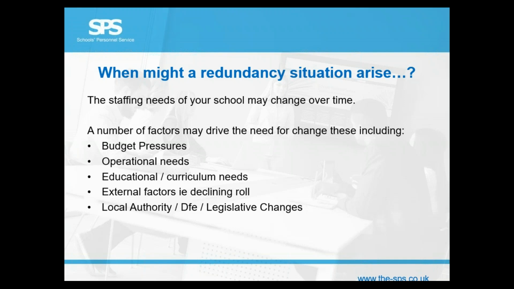Schools are under real budget pressures and have been for some time. By far the greatest reason we see for schools needing to make redundancies or restructure is those budget demands and the need to review, refocus and prioritise your spend, which can on occasion lead to the need to reduce the total number of staff in your school. So I think budget is probably the key driver.